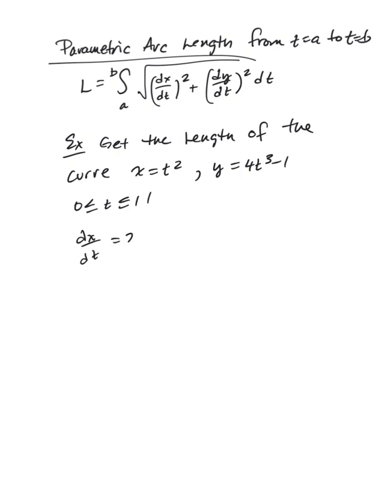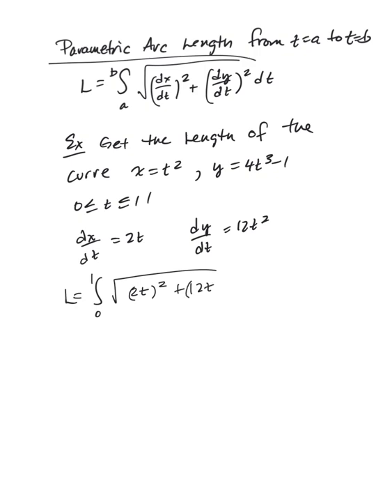Okay, dx/dt is 2t. You get dy/dt, which is 12t squared. Now I'm going to sub this into the formula. Then the rest is just going to turn into integrating. We're going to end up having to do a u sub. So this also gives them an opportunity, I'm just subbing into the formula here, guys, to test you on u sub at the same time, right?